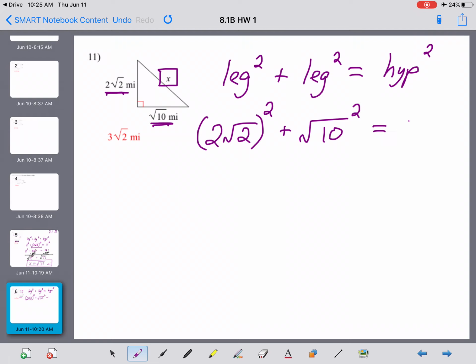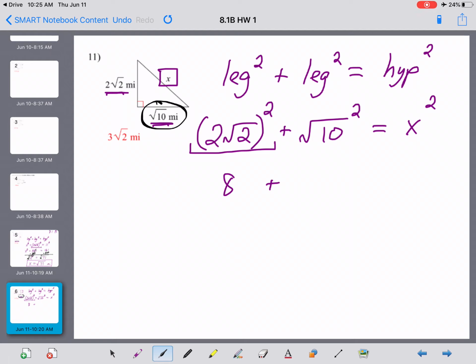Equals our hypotenuse, which is x, that gets squared as well. This is the tricky spot right here. Again, if you go to your calculator, you need to remember to put the parentheses around it. Otherwise, I think you're going to get 4 for your answer, when in actuality, the 2 root 2 squared should get you an 8. Adding to that now, this is actually really nice. I know this looks bad when they give you a number in radical form, but look at how easy this is.